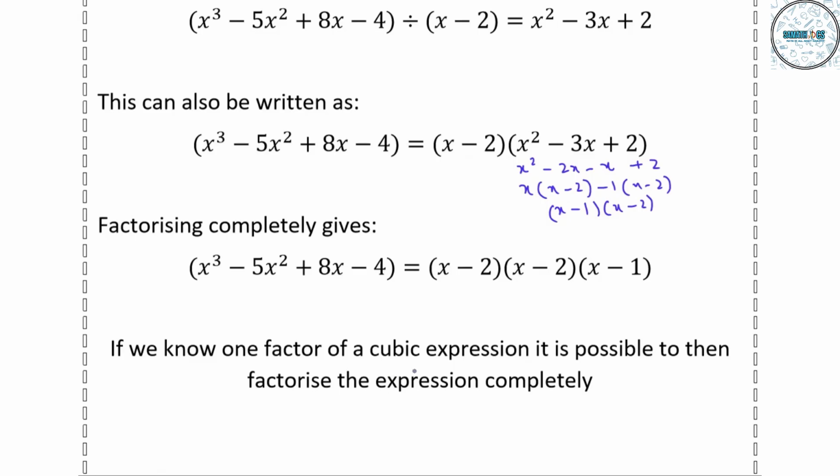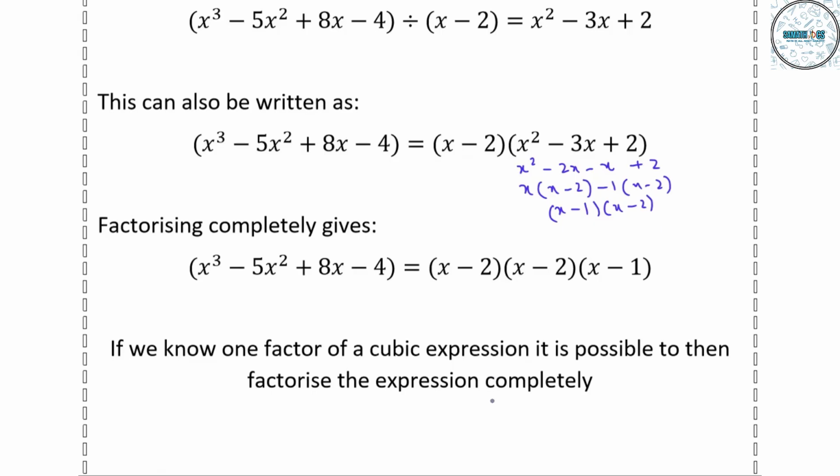If we know one factor of a cubic expression, it is possible to then factorize the expression completely. A cubic expression is an expression in which the degree is 3, the highest power of the variable is 3. And if we have to factorize a cubic expression, first we have to find a linear factor using the factor theorem, which we did in the last video.